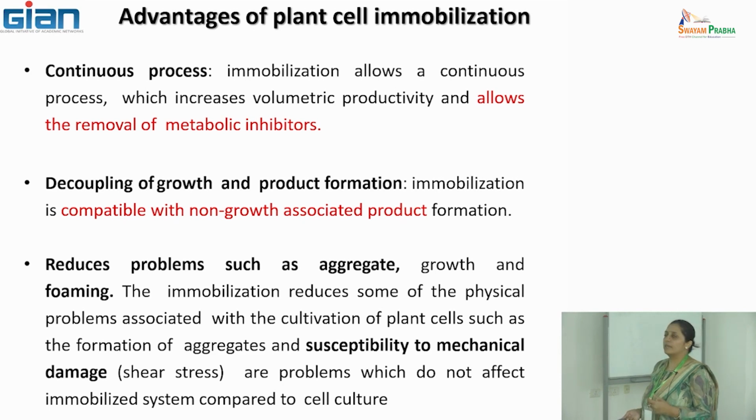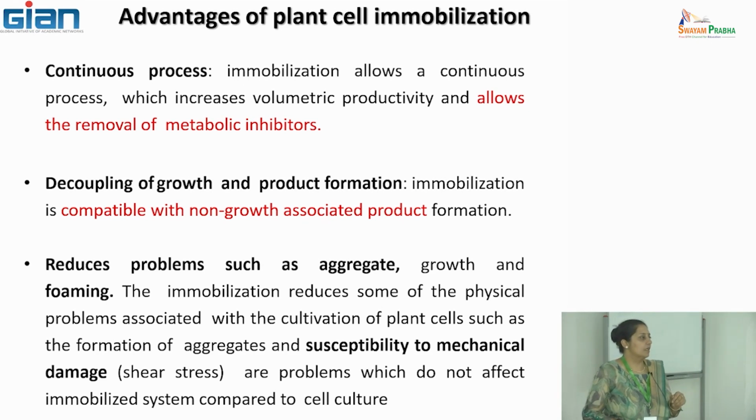Now, because these are immobilized systems, in comparison to free cell systems, the problem of cell aggregation can be avoided, which can be a problem because of the inherent property of cells to come together. So the cell aggregation causes problems in mass transfer. So it's a rather different kind of cultivation.